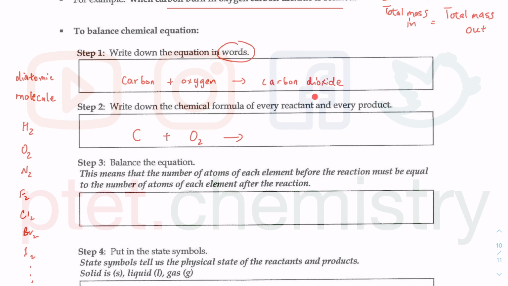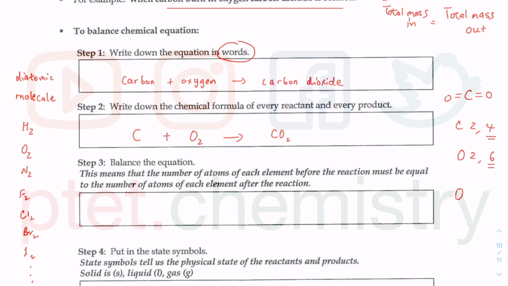And carbon dioxide is a covalent compound, CO2. Carbon forms 4 covalent bonds because carbon is in group 4, so it wants to share 4 electrons. Oxygen is in group 6, so it wants to share 2 electrons to complete the outer shell. Oxygen only forms 2 covalent bonds.